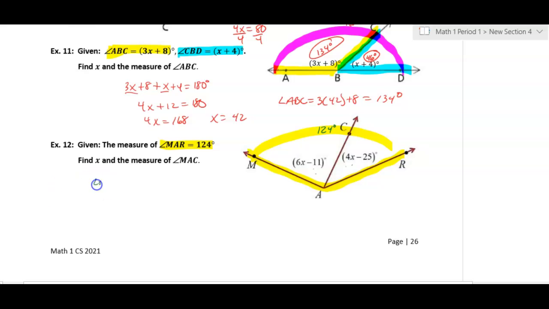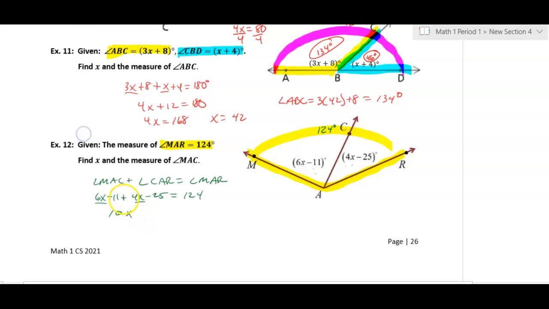So I know angle MAC plus angle CAR add up to angle MAR. So 6x minus 11 plus 4x minus 25 equals 124 degrees.